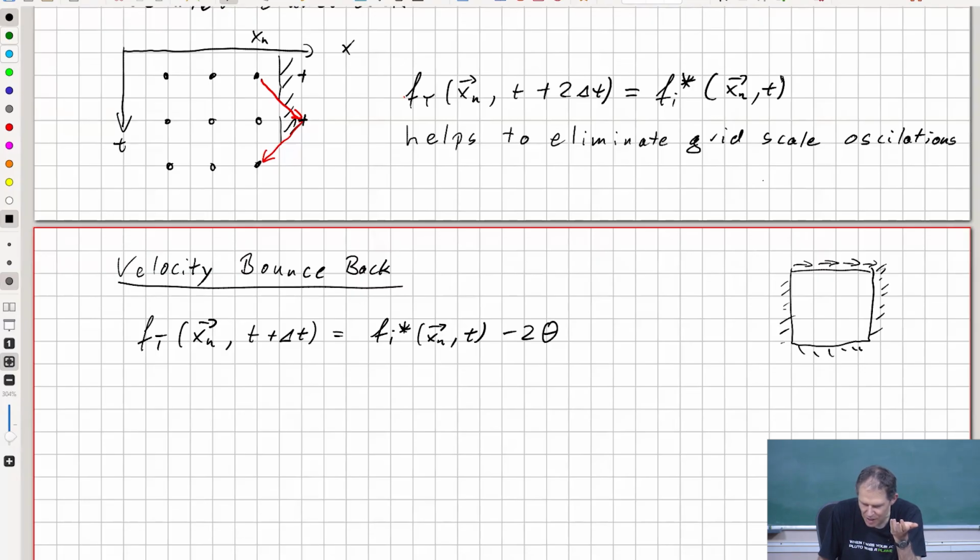It is minus 2 times theta w_i e_i, this is the direction of the link pointing into the boundary, times a scalar product with the velocity at the boundary that we want to specify. So basically, this theta is 1/3.